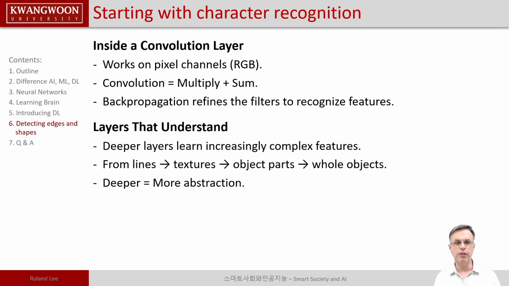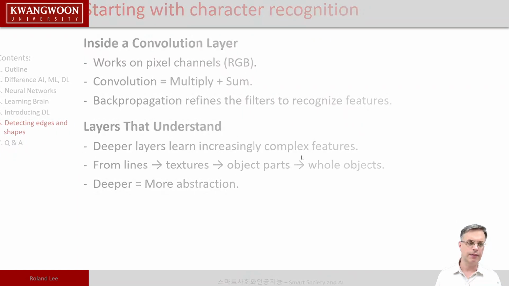Some convolutions catch only lines, then from lines to textures, and curves and special patterns, and then no matter where they appear in the image, they get the entire objects as well. So the deeper it is, the more abstract it becomes.